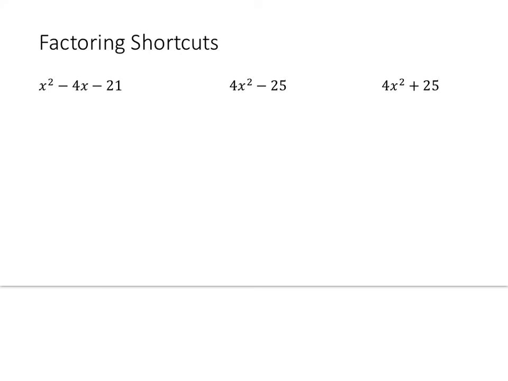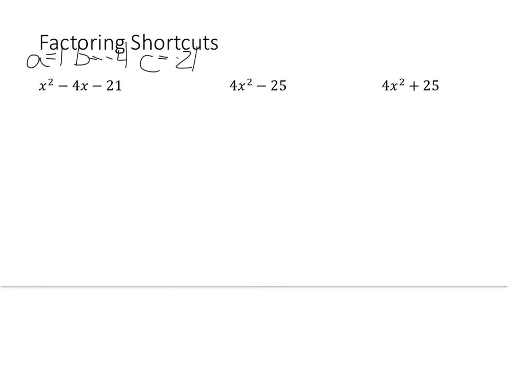So for the factoring shortcuts, what this first one says is if a equals 1, which here it does, then I do have a specific shortcut I can use. Using the star will always work, but if you understand this, you can move it along a little bit faster.